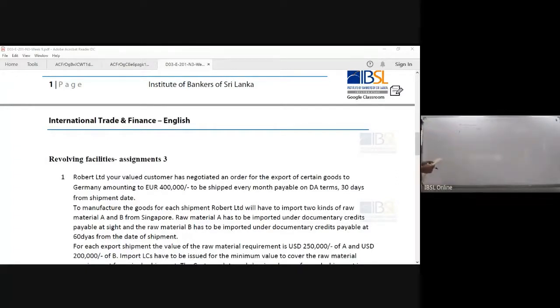So the LC is opened 4 weeks prior to the shipment date. It will take a further 4 weeks to receive the goods and documents. So docs and goods will be received 4 weeks after the date of shipment.